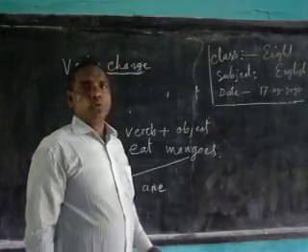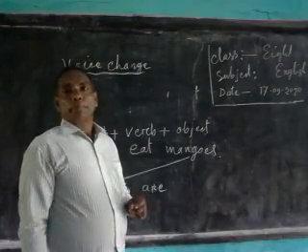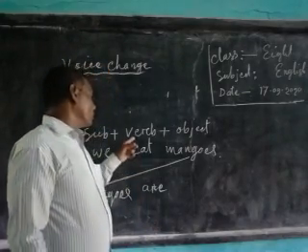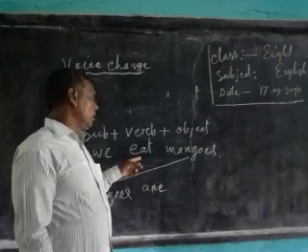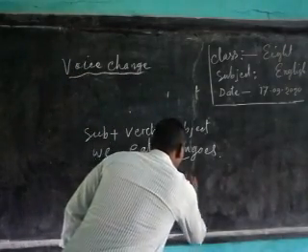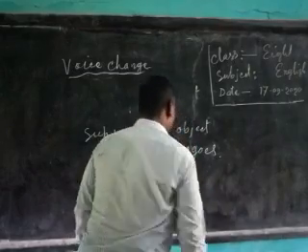Then you have to use the past participle form, or verb 3. The main verb eat and its past participle form, eaten.